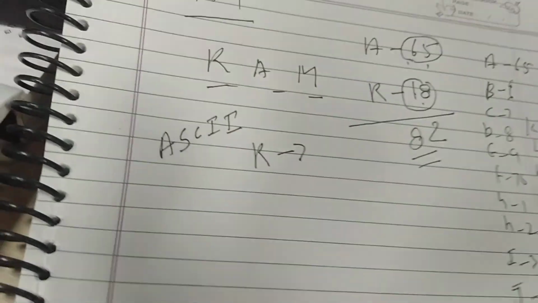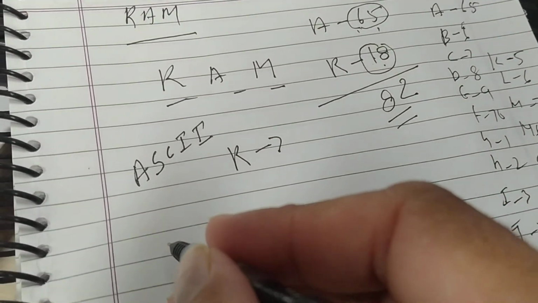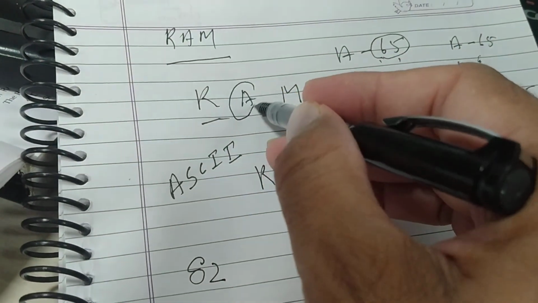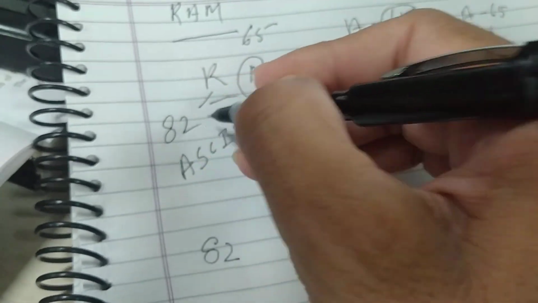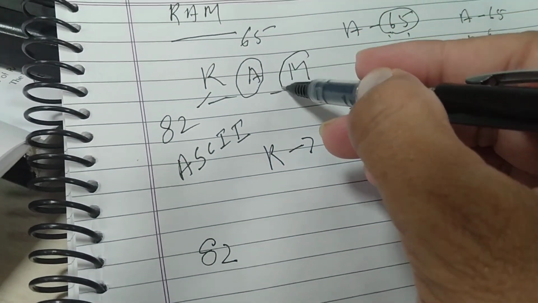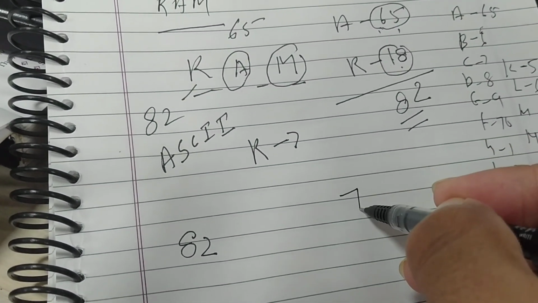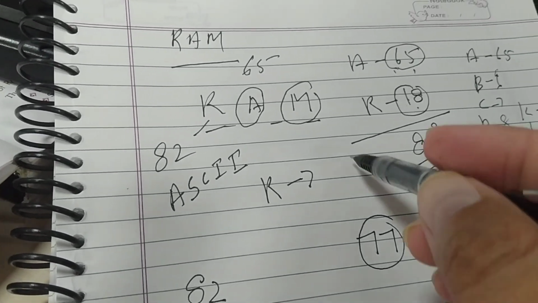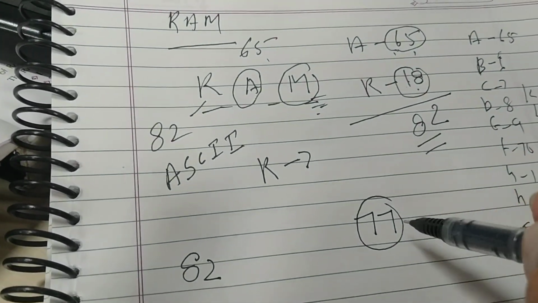Like that, we can calculate every ASCII value of the characters. So R is on 82, A is on 65, and M is 13th, means M is on 77, because M is placed on the 13th place, so 64 plus 13 is 77.